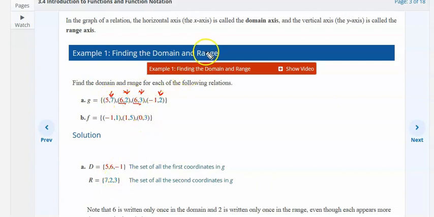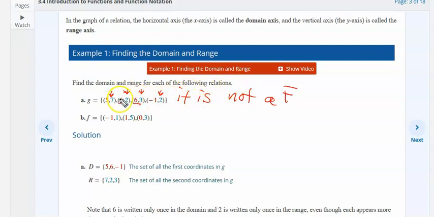Now, we did talk about what a function was, and the function is the x element is only used once. Well, here we see in A, the 6 is used twice. So where this would be a relation, it is not a function. They didn't ask us that yet, but they will be. Now, if the y element is used more than once, that is not part of that definition.